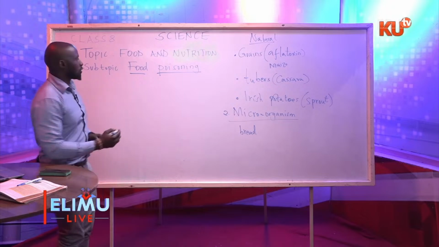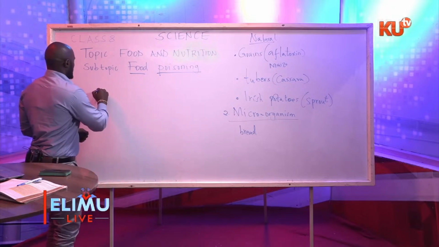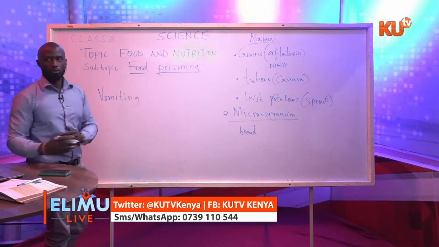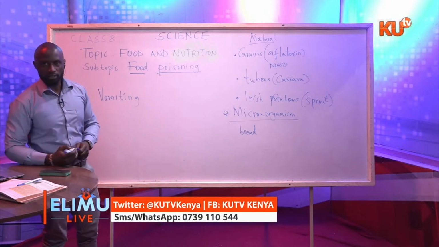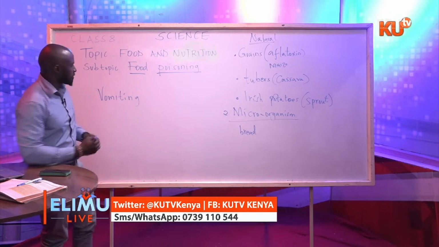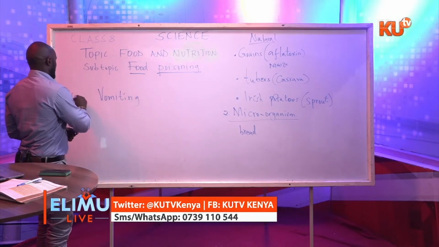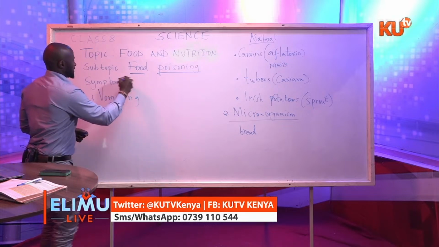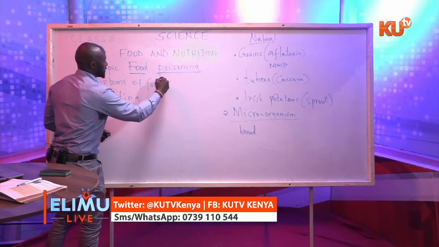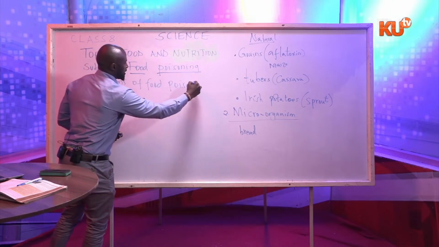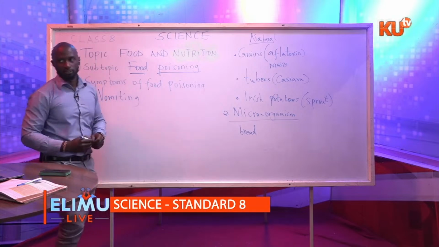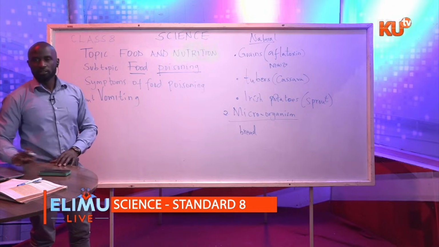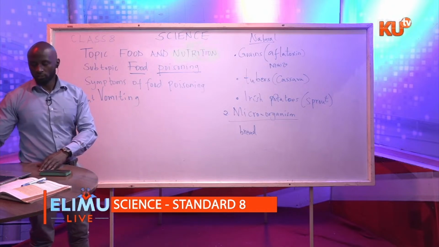Number one, we'll talk of vomiting. And this vomiting is not just normal, I'm going to put in quotes, not normal, we talk of violent. When it is violent, then your body is losing water, what we call dehydration. So if it happens, then you need to seek immediate medical attention.